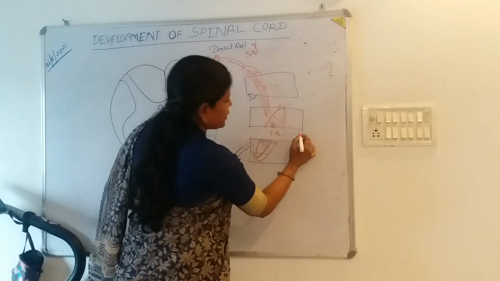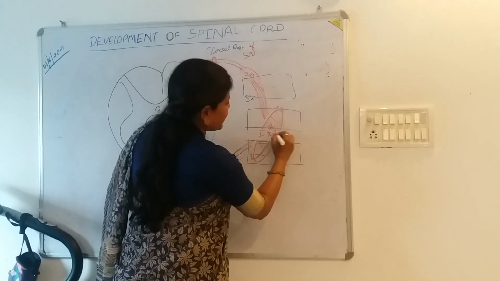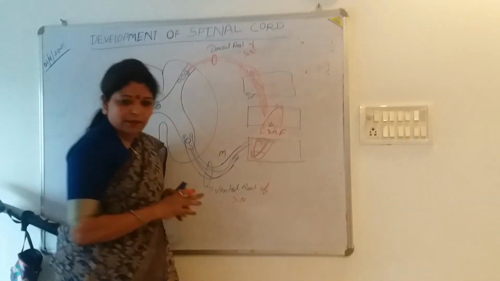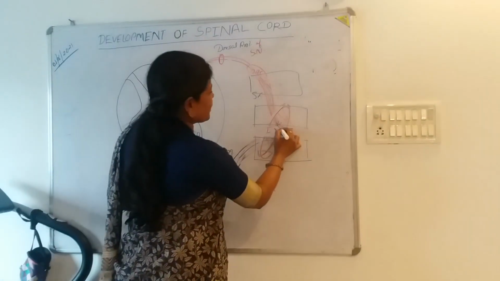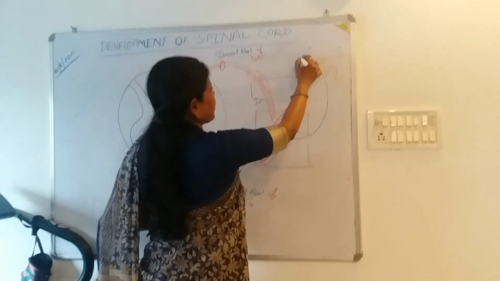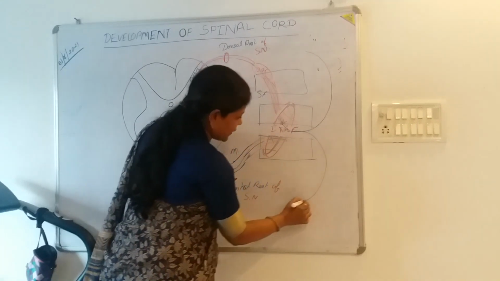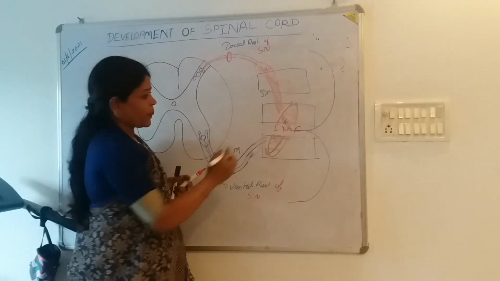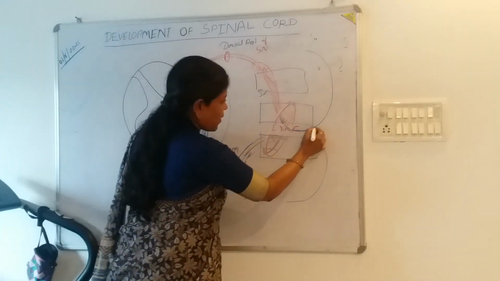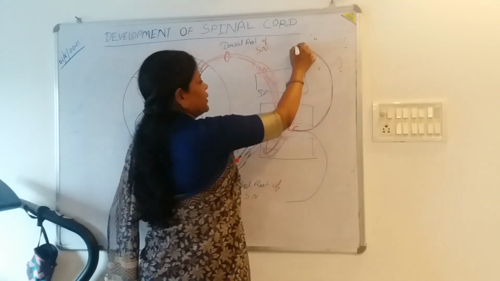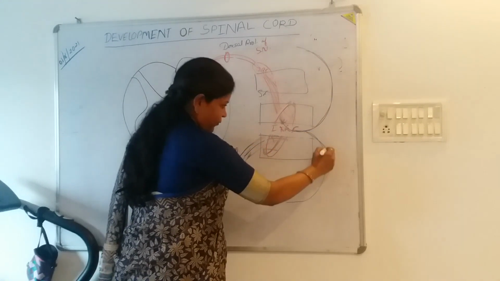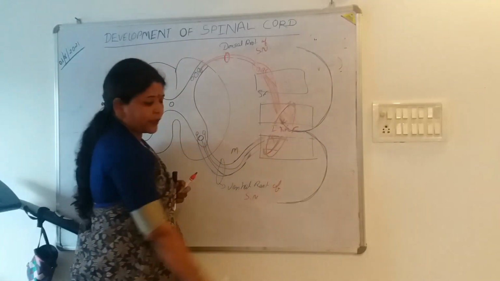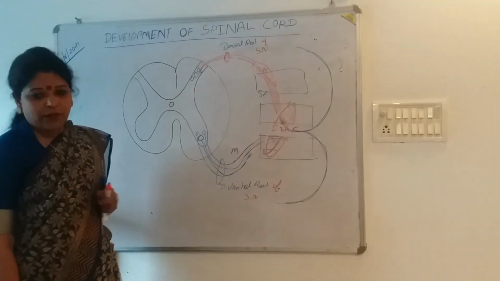After that intervertebral foramen, what does this trunk do? The trunk of this spinal nerve again divides dorsally and ventrally. Clear? From this common trunk, some twigs are going dorsally and some fibers are going anterolaterally.